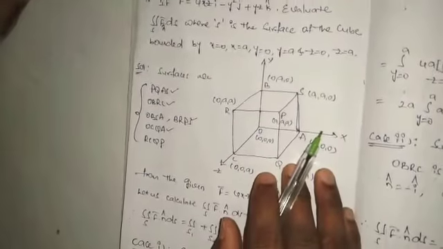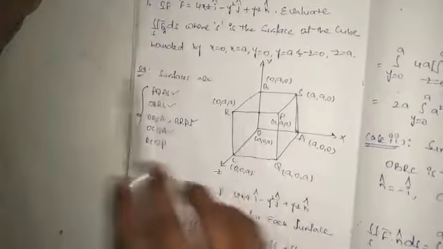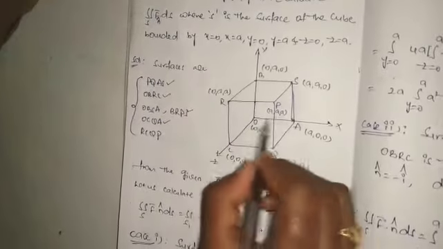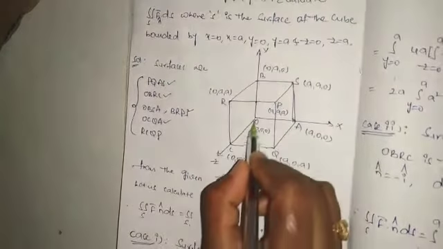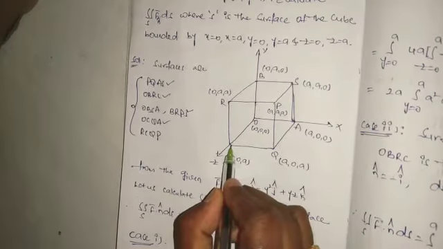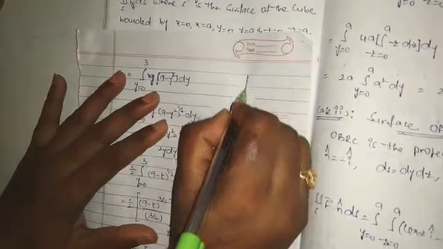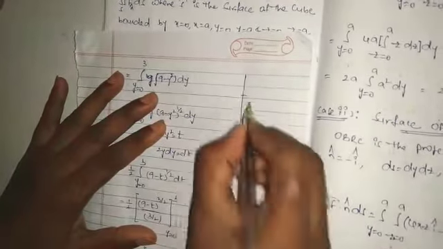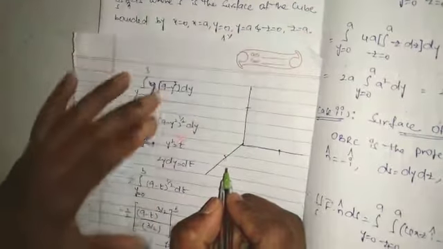Okay, first of all we have to draw the graph of the given points and the vector point function. X-axis, y-axis, z-axis. 0 to a, small a, on each axis. Here x equals 0 to a, y equals 0 to a, z equals 0 to a.